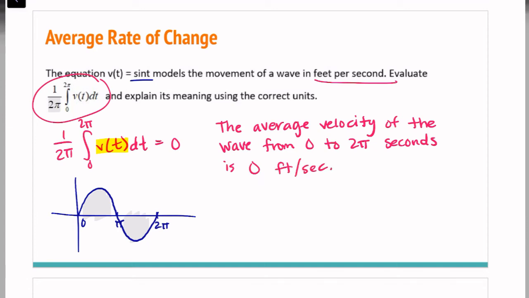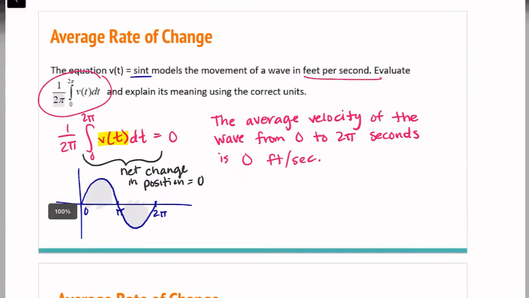Okay, mainly the reason why it's 0 feet per second is because that net change, this right here, the net change in position is 0. So therefore, your average velocity is also going to be 0.